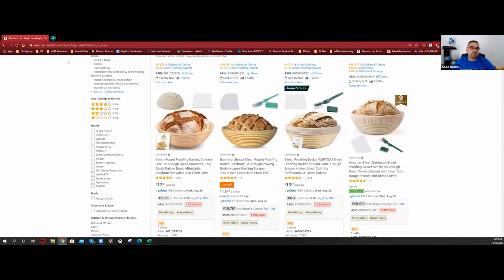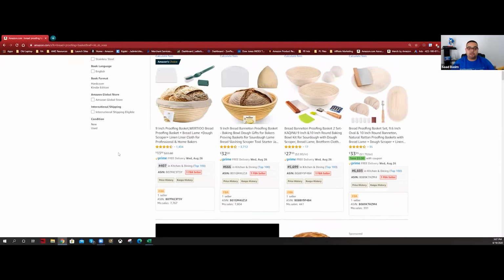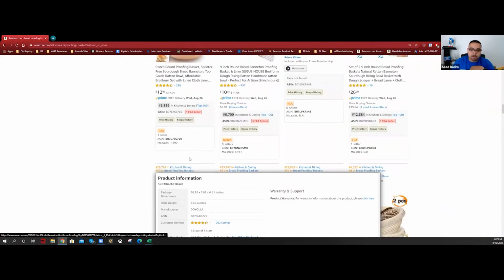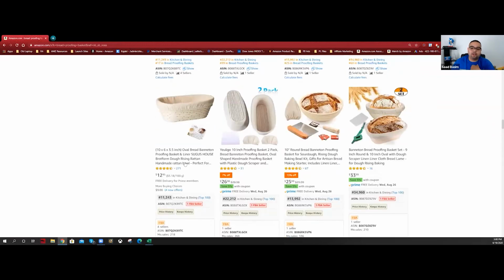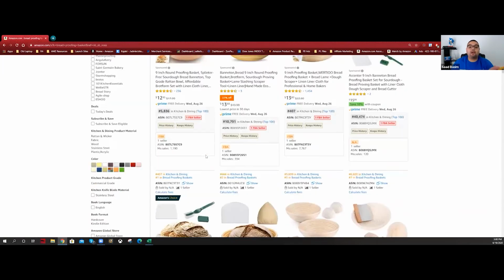So for example, if I put bread proofing basket, this person in position number 1 could be in position number 10 for a keyword like proofing basket by itself, and it changes. So the whole game is how many keywords I can rank on the top 30 positions or on the first page. This is the whole page.